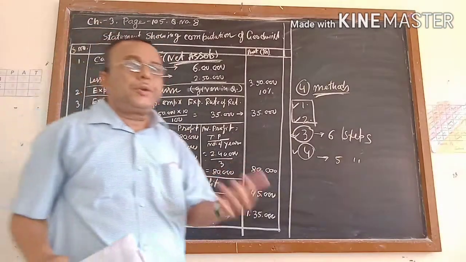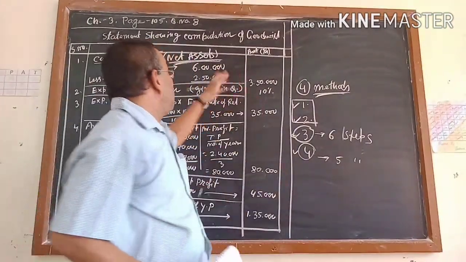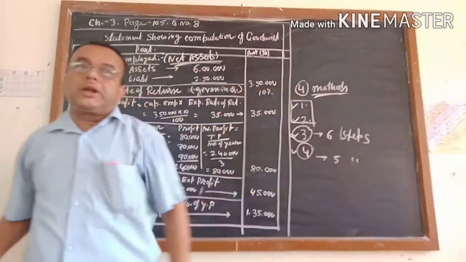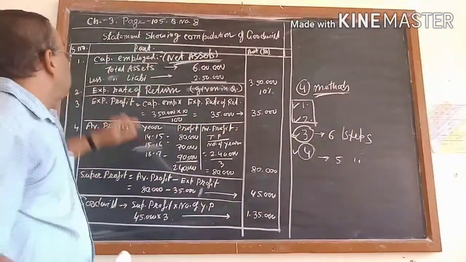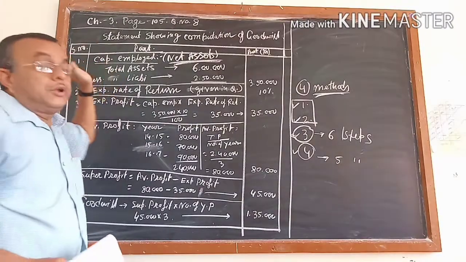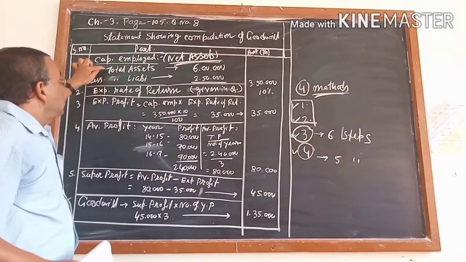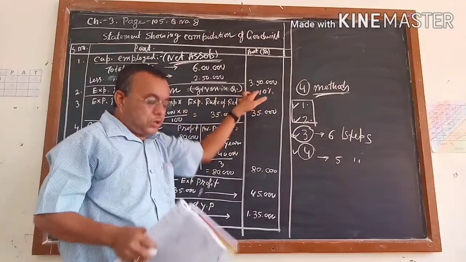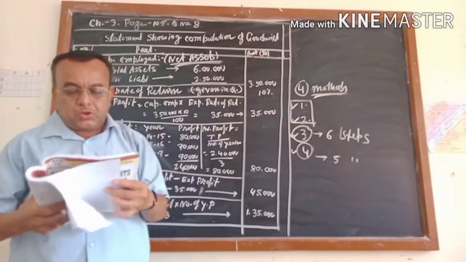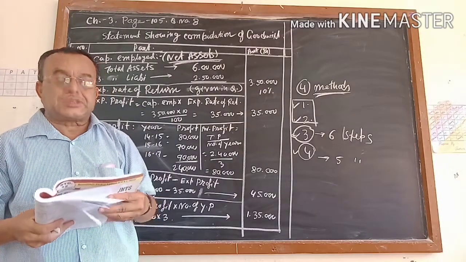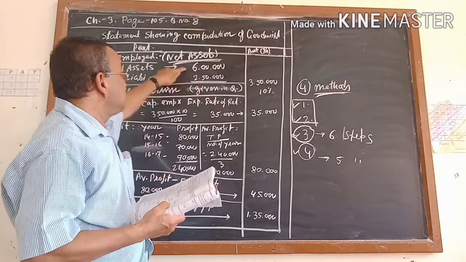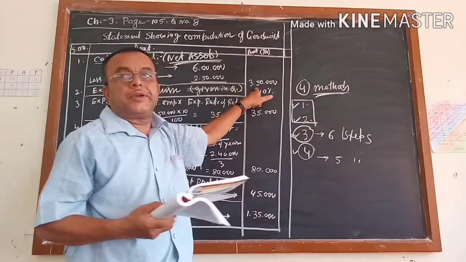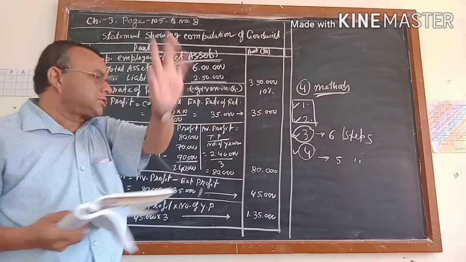Suppose capital employed is given directly in the question, then you do not need to calculate it; directly write it. If it is not given directly, then total assets and total liability will be given. Total assets minus total liability is called capital employed. Total assets given in your question are 6 lakhs, and total liability is 2 lakh 50. 6 lakhs minus 2 lakh 50 is equal to 3 lakh 50. That is your first step.